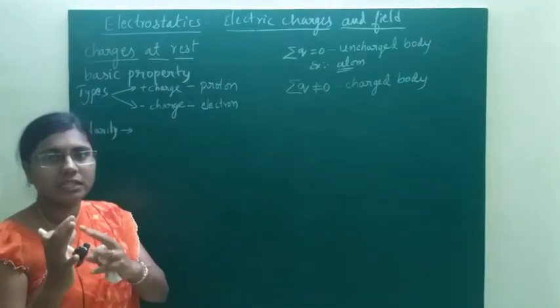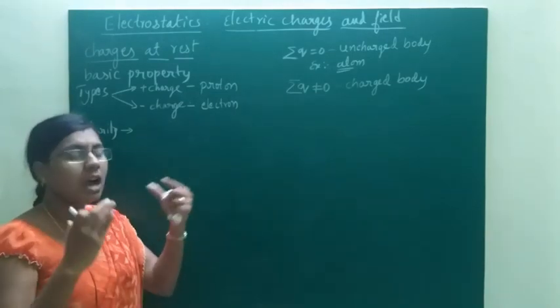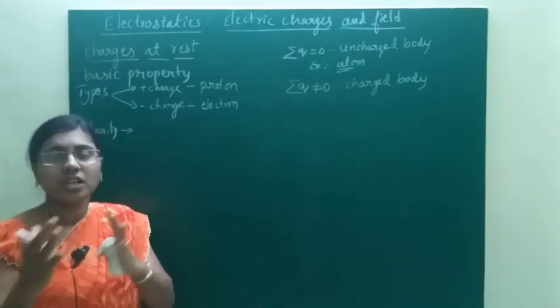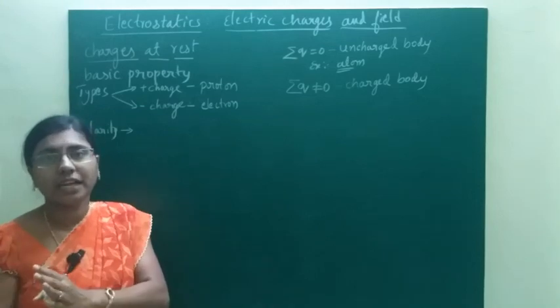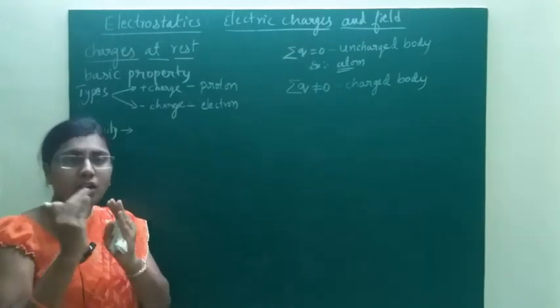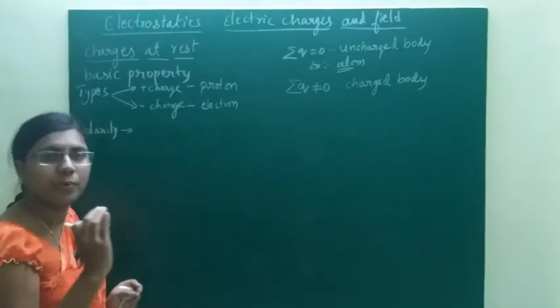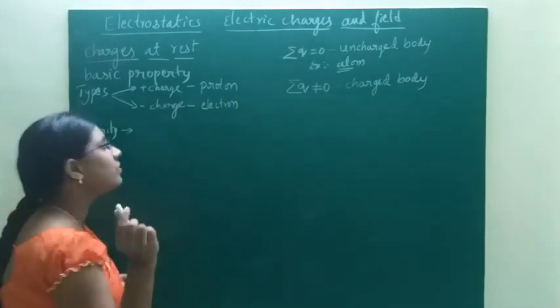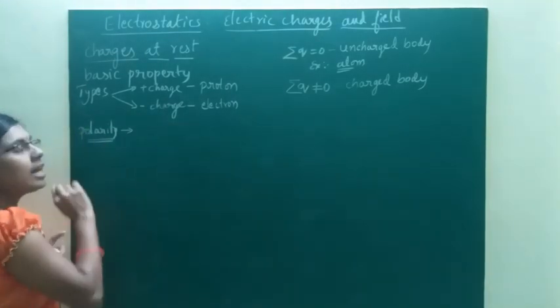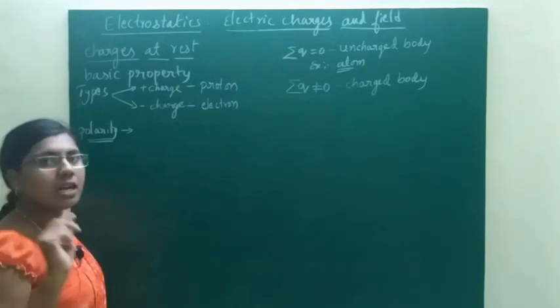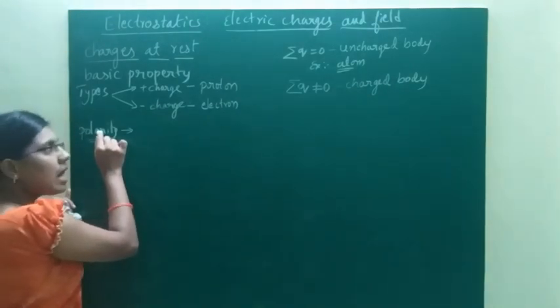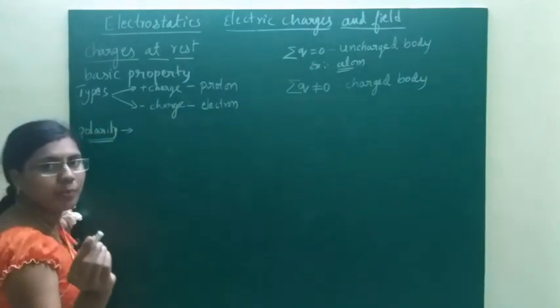Then we can consider how we can distinguish the positive charge and negative charge in a body. In order to differentiate the two types of charges, we use a basic property, and that basic property is called polarity.